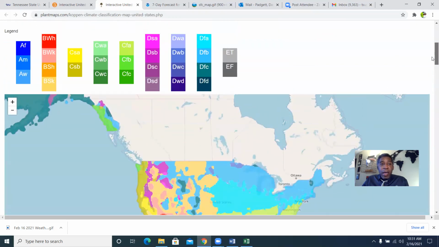On this map, we have several different types of climate represented by different colors and letters. Notice it's A, B, C, D, and E.